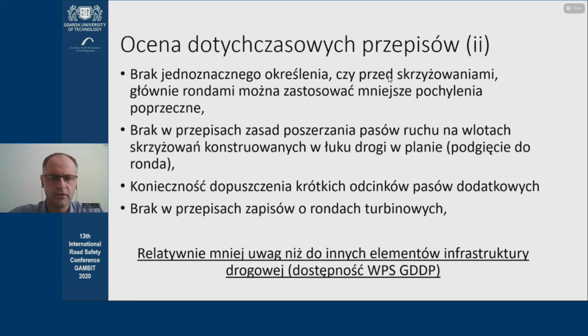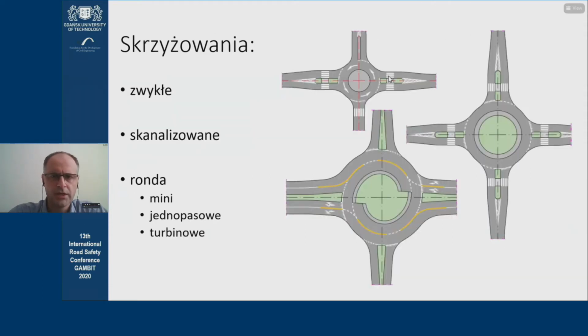As I said, when it comes to junctions, we haven't had that many comments or remarks from the respondents. Many of them were identical. I suppose it's because we have the previous guidelines from 2001, which were pretty good.